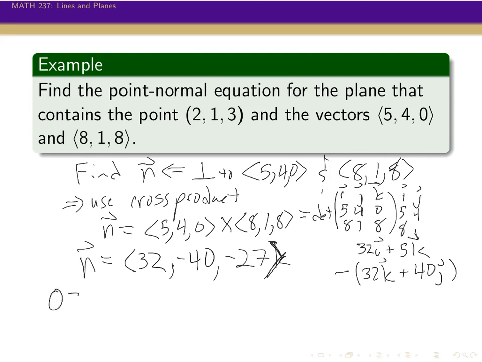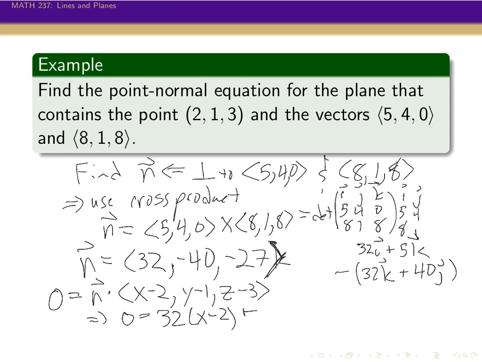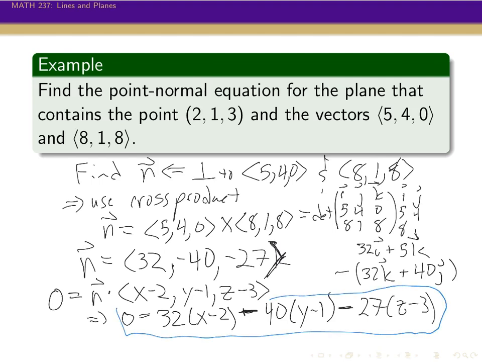So 0 is equal to n dotted with x minus 2, y minus 1, z minus 3, and so I get 0 is 32 times x minus 2 minus 40 times y minus 1 minus 27 times z minus 3. And there's my equation for the plane.